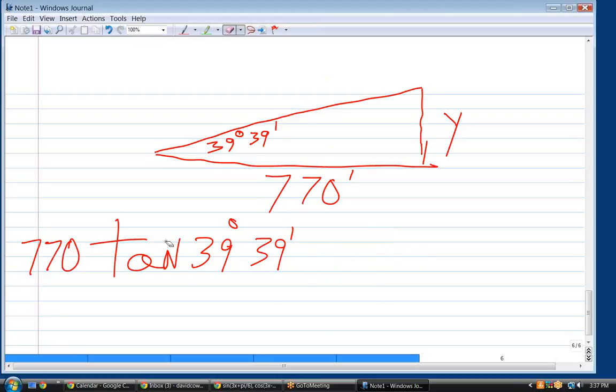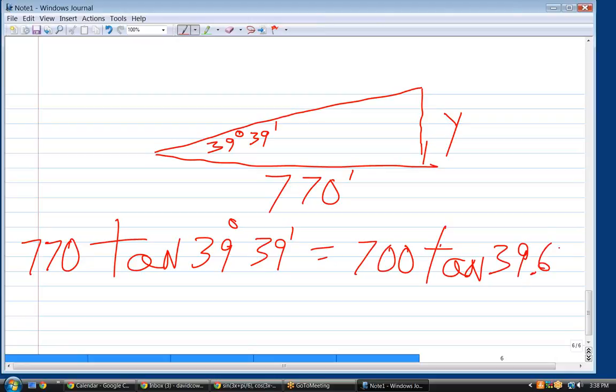How do you get this number? Divide 39 by 60. We want to convert it to a decimal. In other words, this is equal to 770 times the tangent of 39.65 degrees.